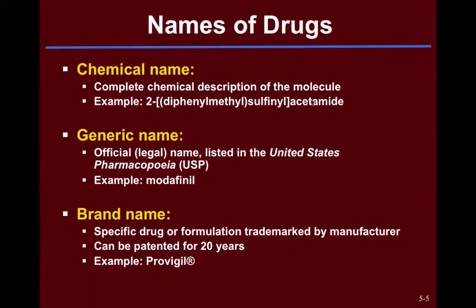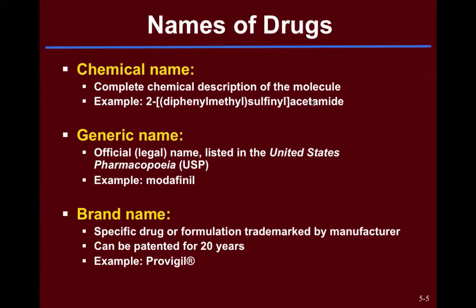A good example of this would be, not Advil or Motrin, but ibuprofen, if we're talking about over-the-counter drugs. So if we talk about ibuprofen, we're talking about that NSAID, non-steroidal anti-inflammatory drug, that goes by several different trade names. So the brand names that we know ibuprofen by include Advil and Motrin. So this is a specific drug or formulation of the drug that's been trademarked by a manufacturer.